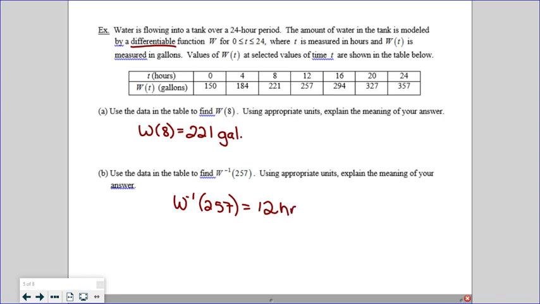So 12 hours. When there are 257 gallons of water in our tank, 12 hours would have passed. Okay. Any questions? I know I didn't write that out on the board, but understanding how to write out a sentence to explain the meaning of our answer, labeling, reading the table so far.